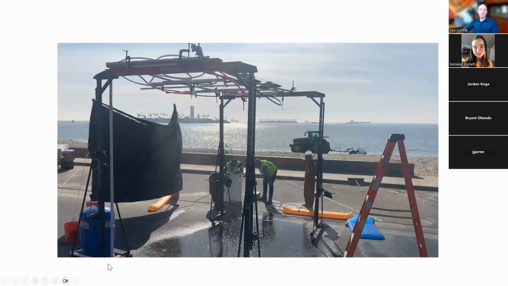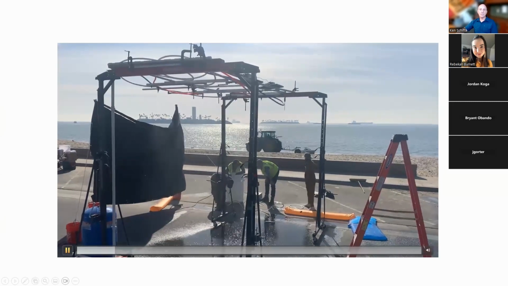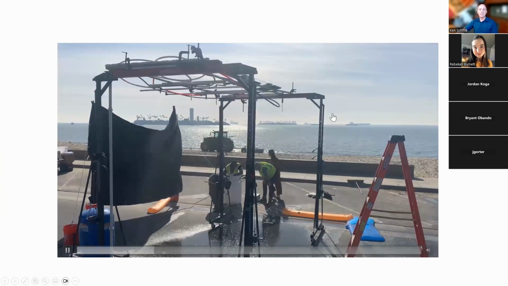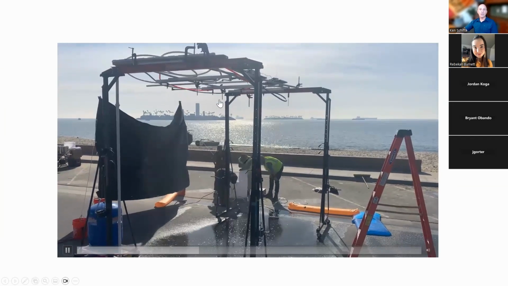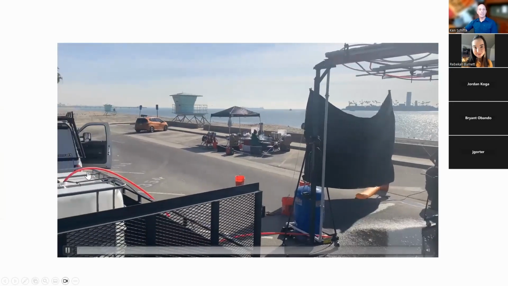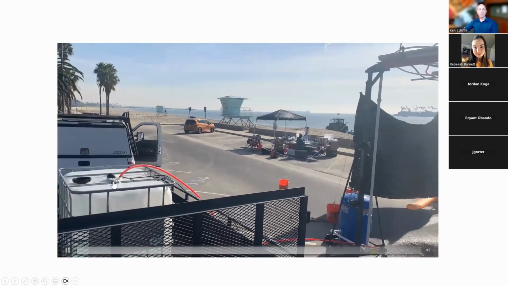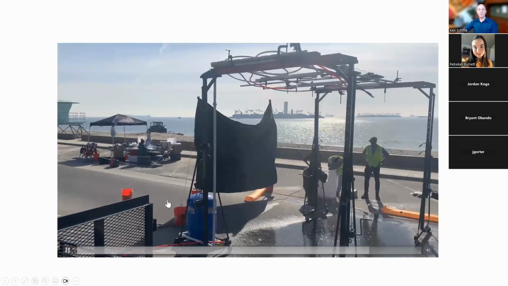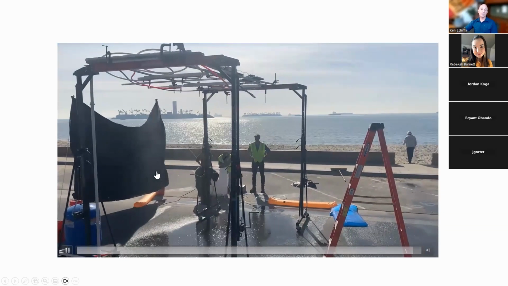Here's the same thing. I'm producing a video of the actual rainfall simulator here. You can see the gantry with the oscillating arms, a couple of nozzles on each arm. And here's the source of the water. And over here with the blue is the filter and the pressurizing system.